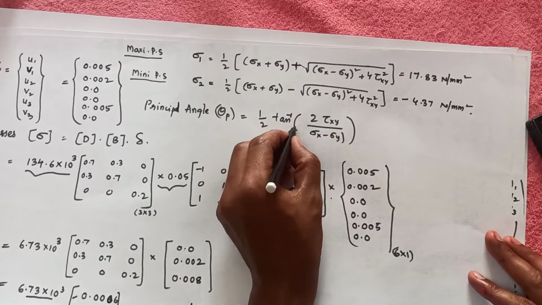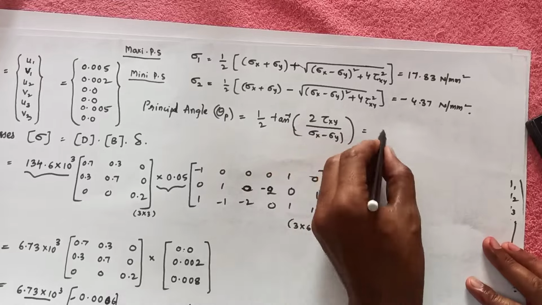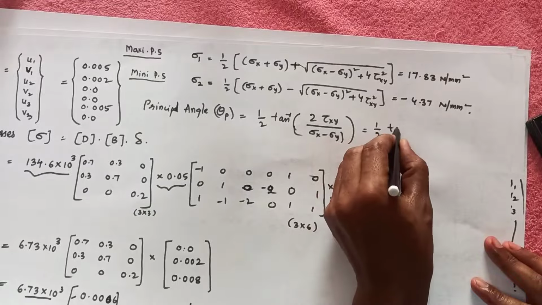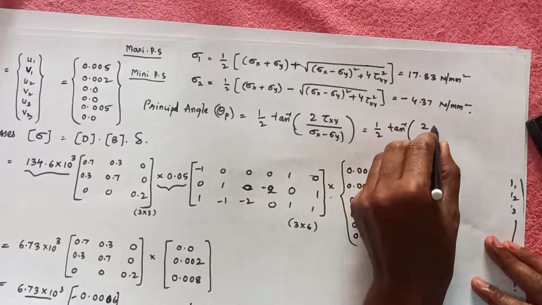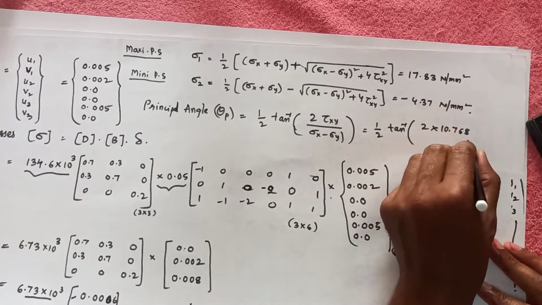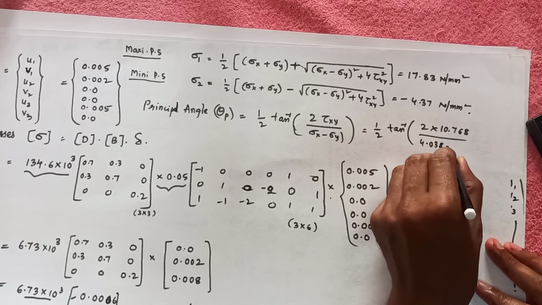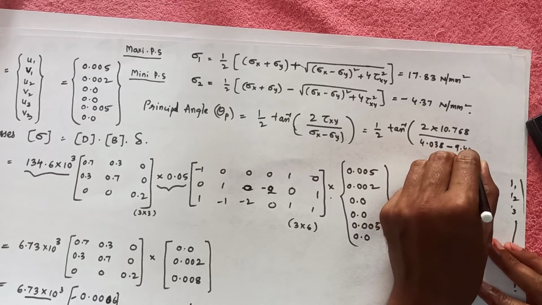So here I will calculate: tan inverse of 2 into 10.768 by 4.038 minus 9.422.